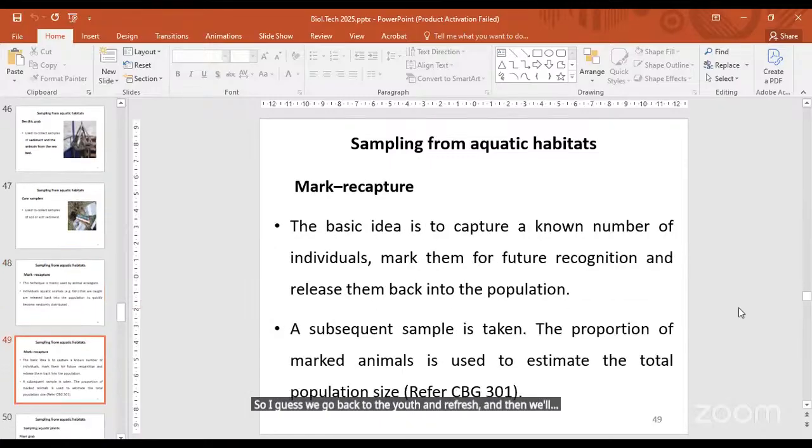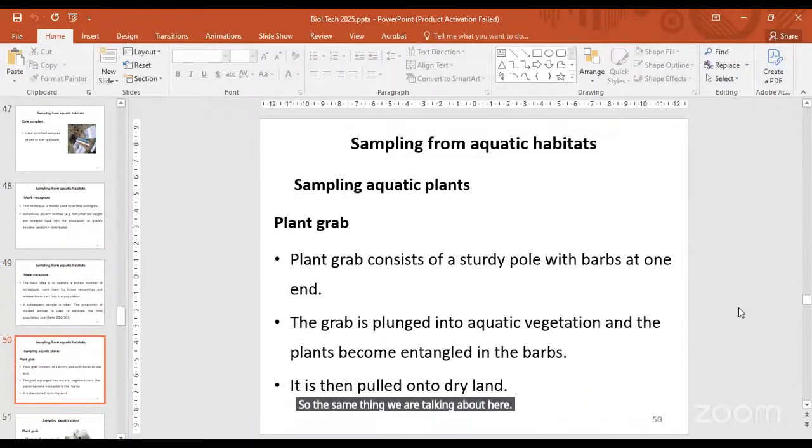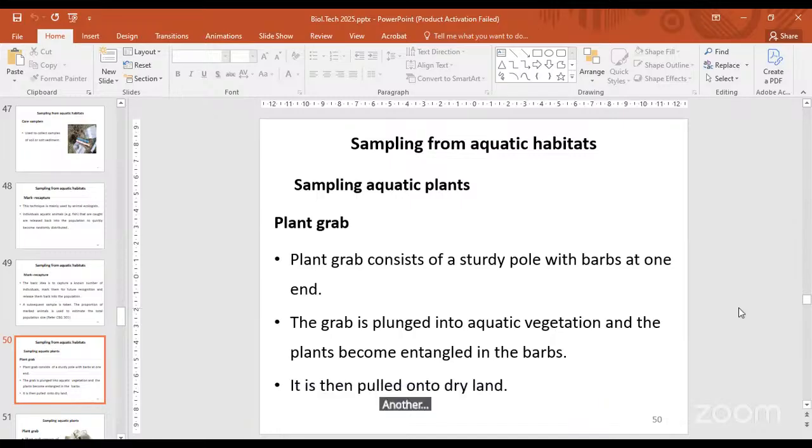Now, okay, so the same thing we are talking about here. Now, what about another sampling technique or method, the plant grab. Don't forget that what we just described is sampling aquatic animals. What about aquatic plants?